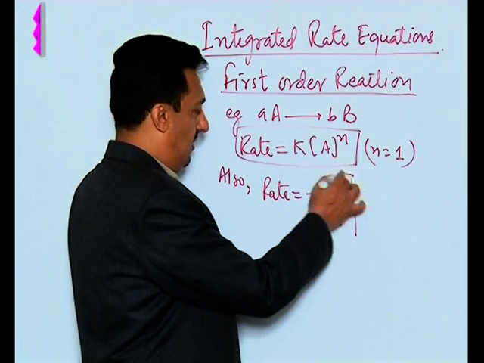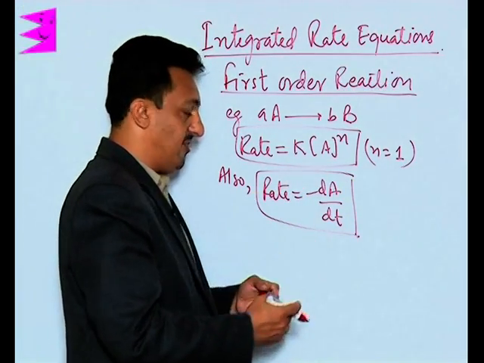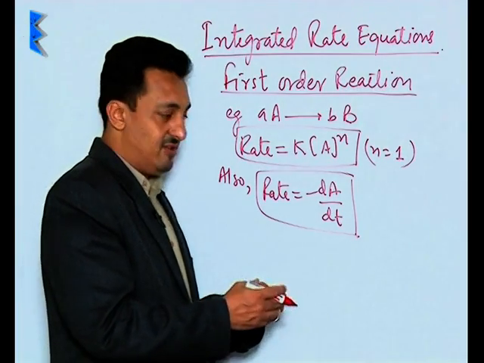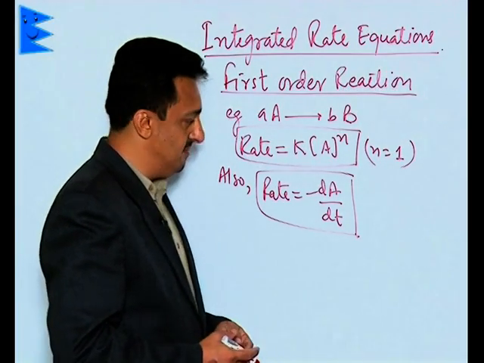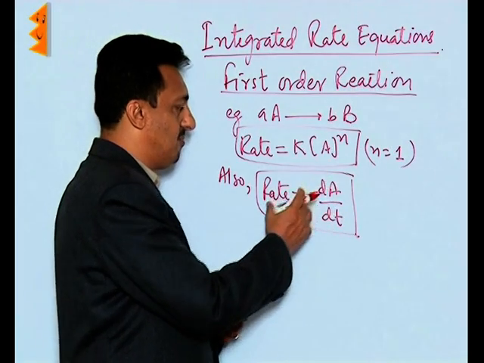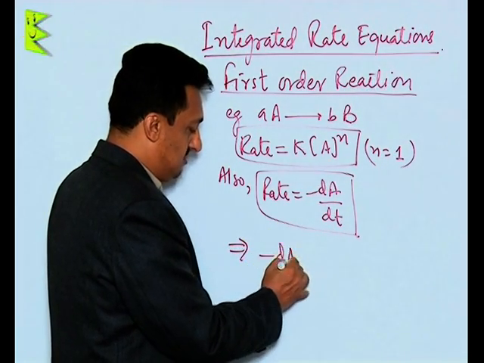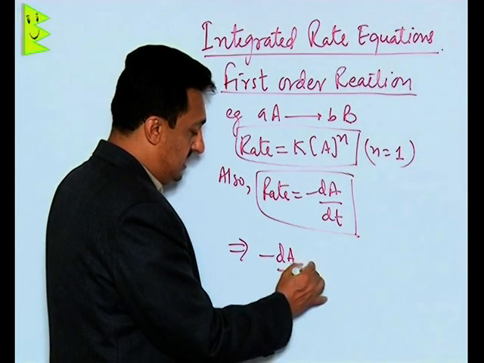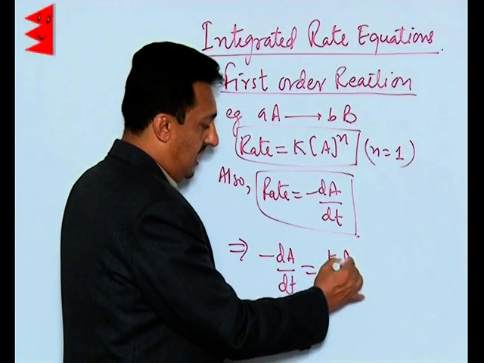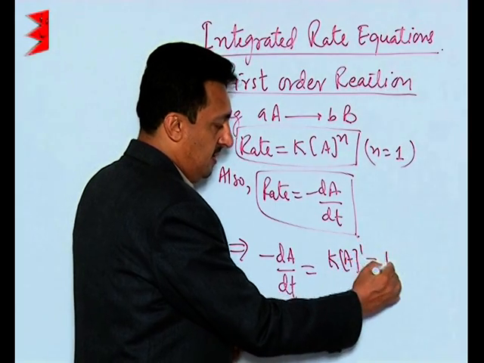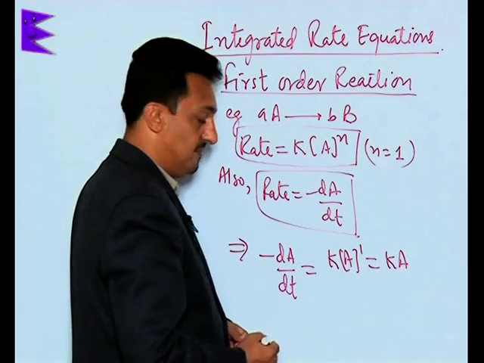Now this is how we can show that the rate depends on the differential of the concentration, and now these two rates should be equal to each other. So what we can make out is that -d[A]/dt is equal to K[A]^1, which we write as K[A].